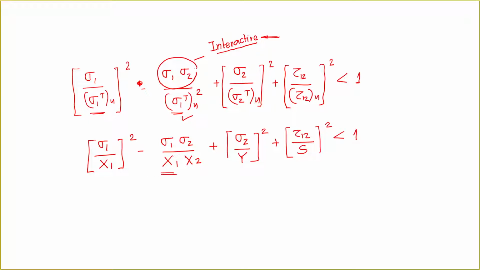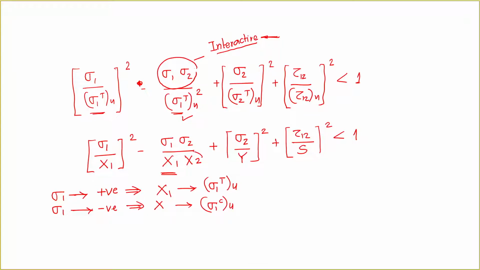So this X1 takes care of the sign. If sigma 1 is positive, X1 takes the value of longitudinal tensile strength. If sigma 1 is negative, X1 takes the corresponding compression strength.